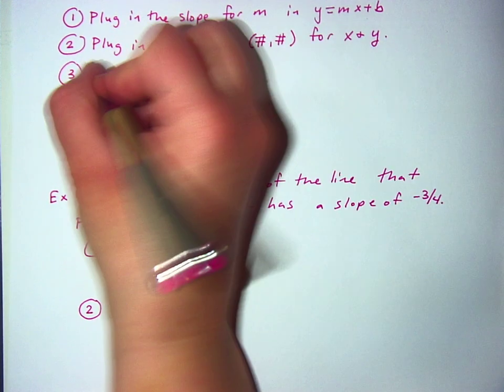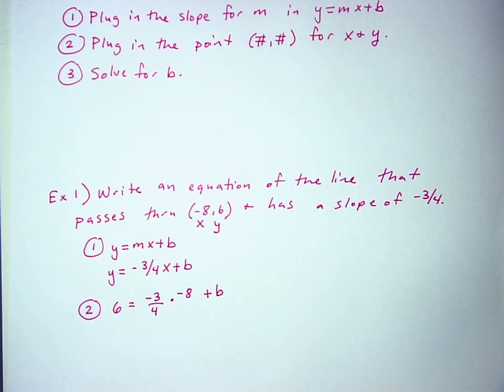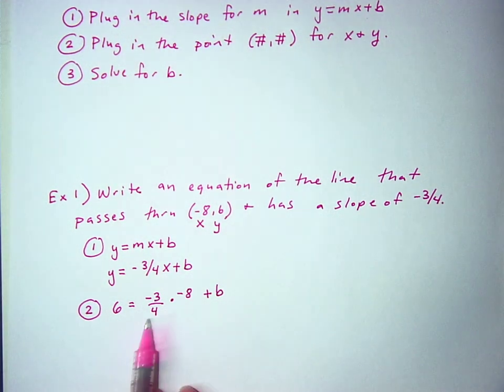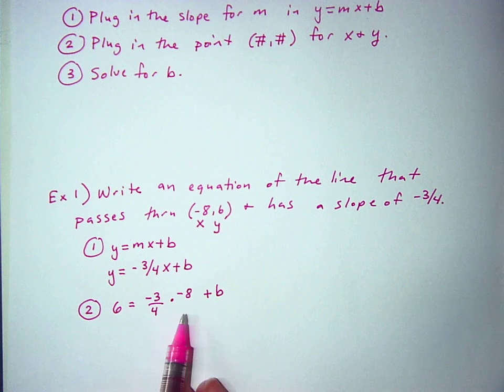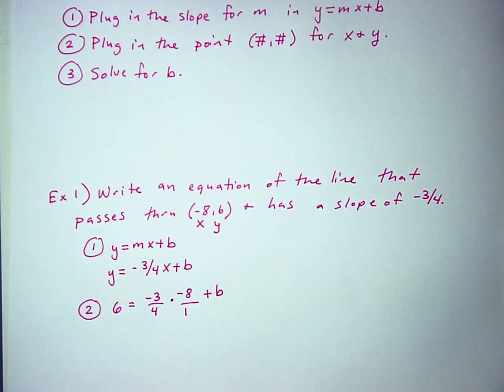Step 3, solve for b. All right, so right here I know that I'm going to multiply a fraction times a number, so I'm just going to put that over 1 to make it a little easier for myself.